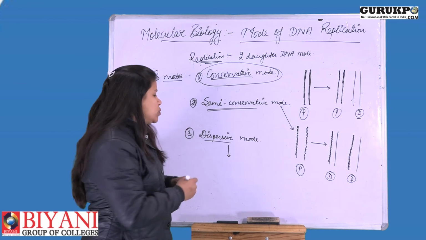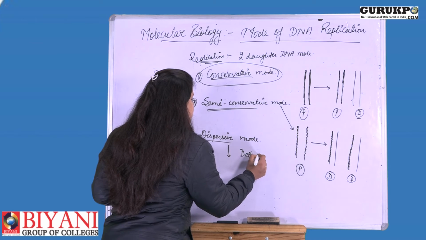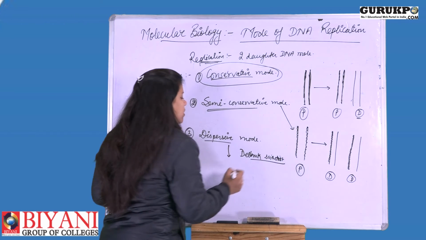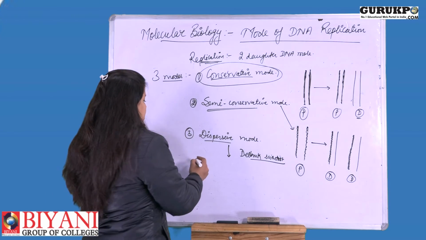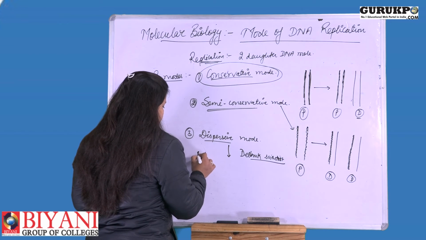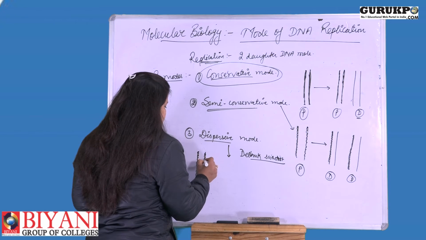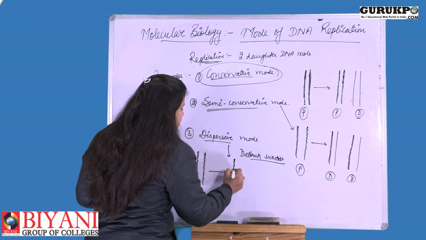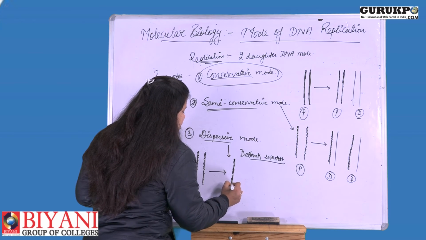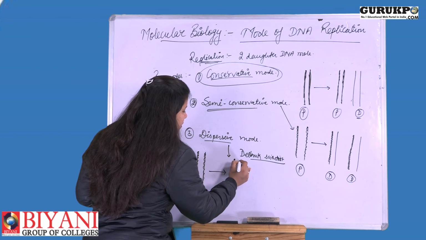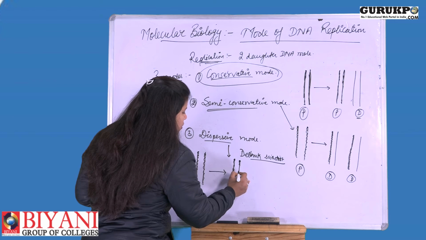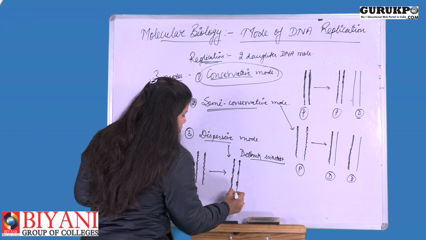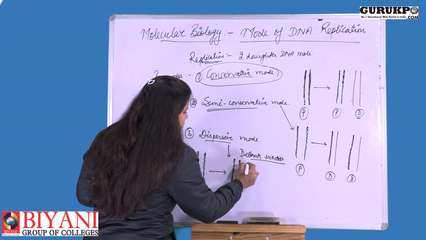The dispersive mode, which was postulated by the scientist Delbruck, states that if the parental DNA replicates using the dispersive mode, then there occurs the formation of a hybrid in which both the strands of the parental DNA as well as the daughter DNA are present in both the molecules, like in this manner.